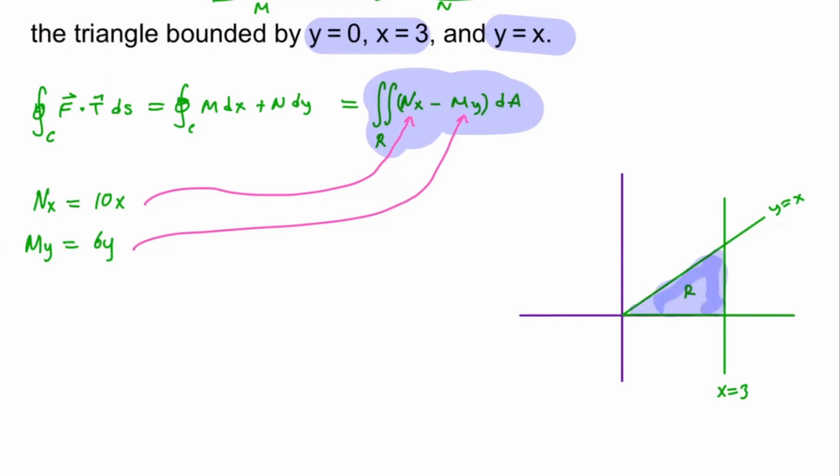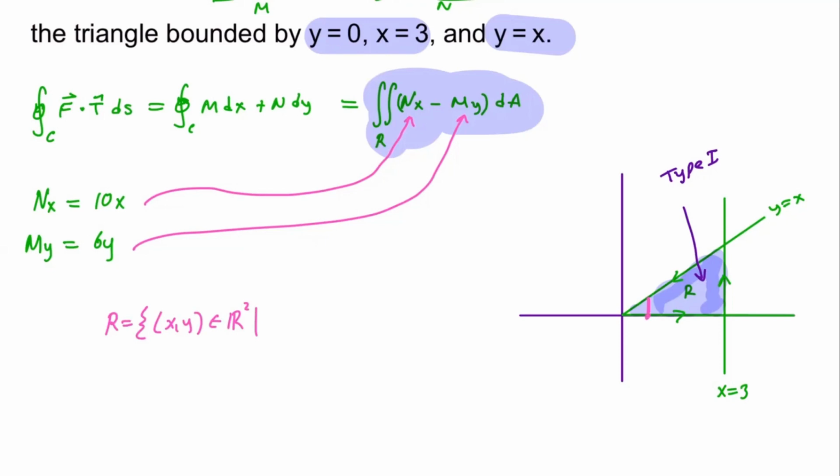The orientation is this way, we're going counterclockwise. Now let's set up. This is a type 1 region, so we're going to do vertical sections like this, summing all of this up over the region R. Our region R is described as the set of points in R2 such that y goes from a function to a function.